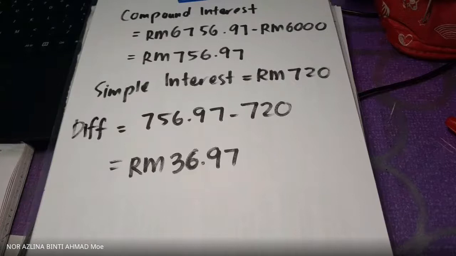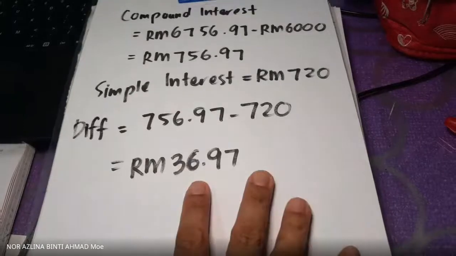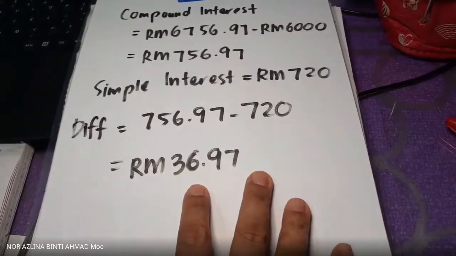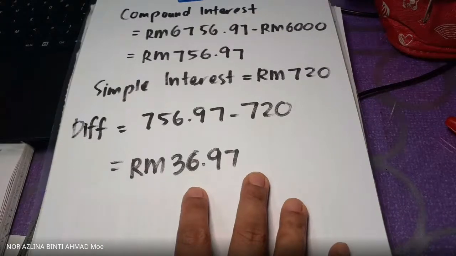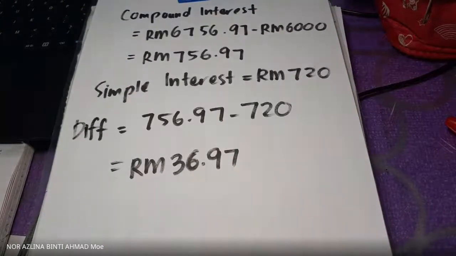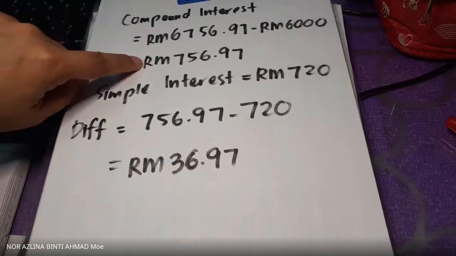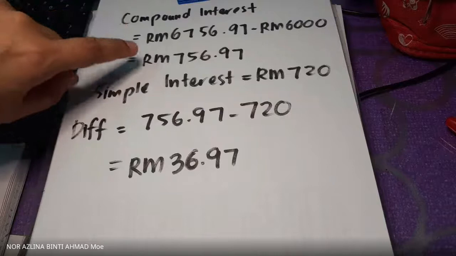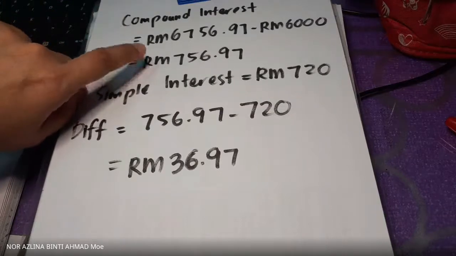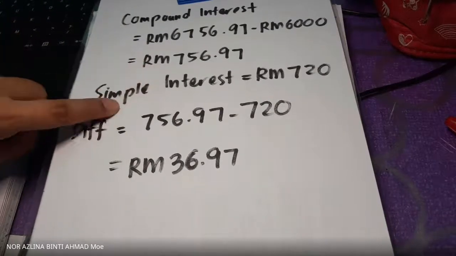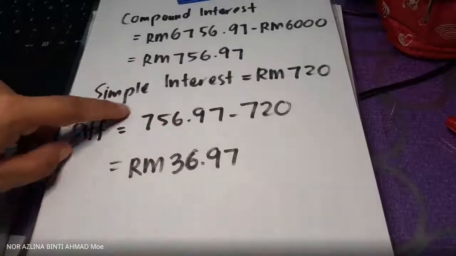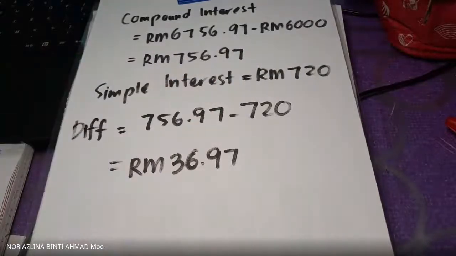So we can see clearly here that compound interest gives a higher return than saving with simple interest. Saving with compound interest, you get a higher return compared with saving using simple interest.